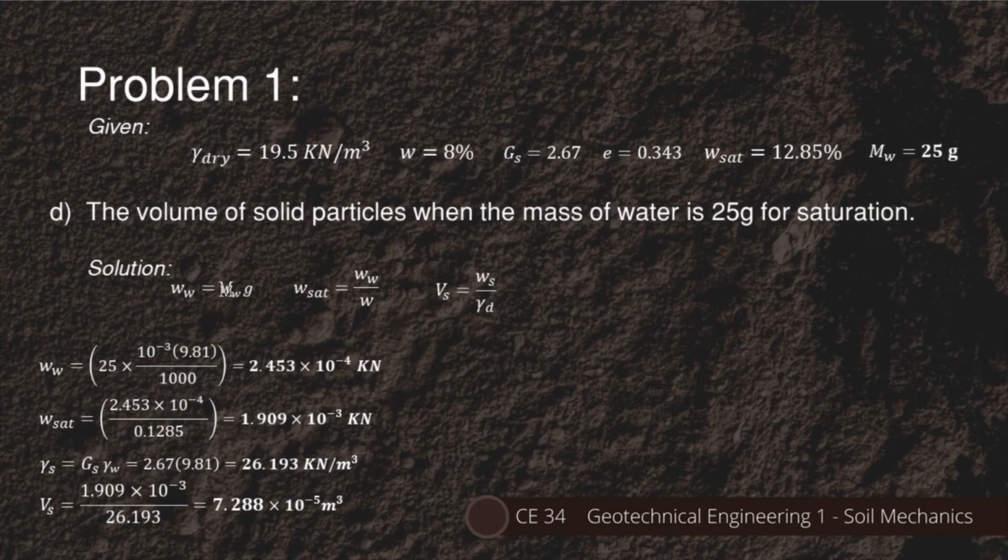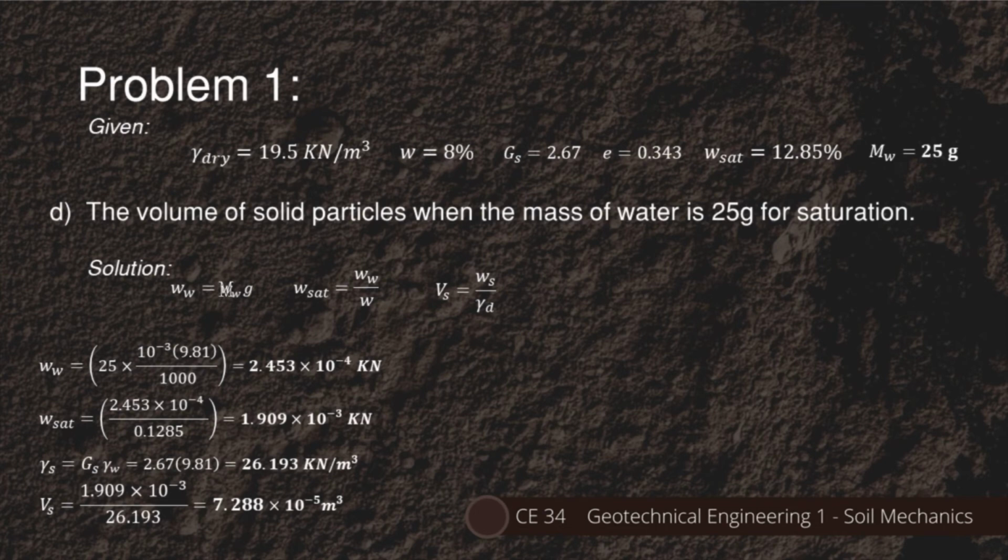For the last problem, we are asked to find the volume of solid particles when the mass of water is 25 grams for the saturation. We will be using these formulas. The weight of the water is equal to the mass times G, which is 9.81.